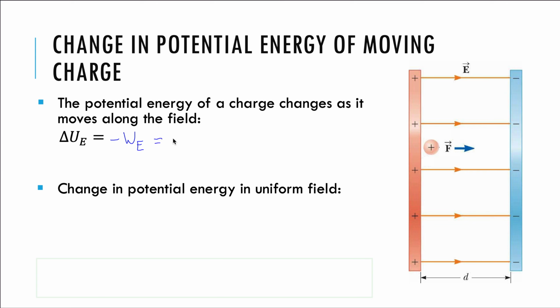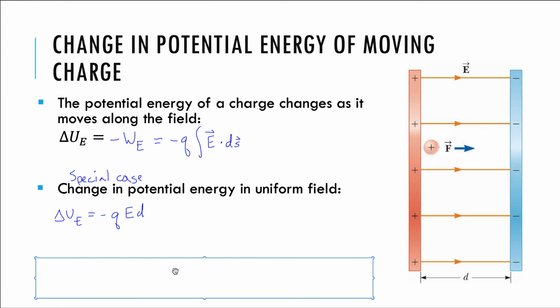So we get negative Q times the integral of E dot ds. And for the special case of a uniform field, the change in potential energy of the charge is negative QEd.